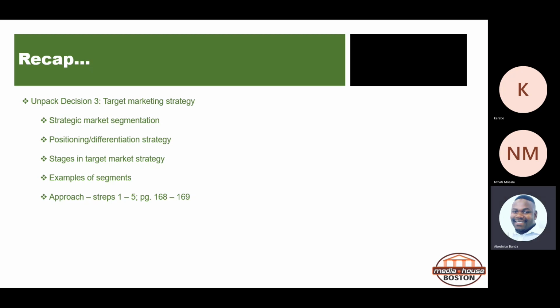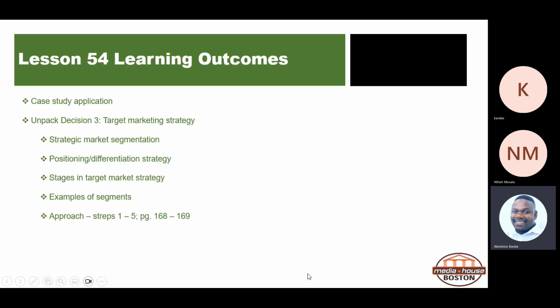And from those 3 segmentations, it asks you to choose one segment and provide reasons why you chose it. Do you remember that, guys? Because I don't want you to get confused when you're doing your F2.